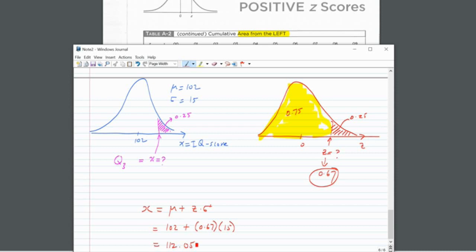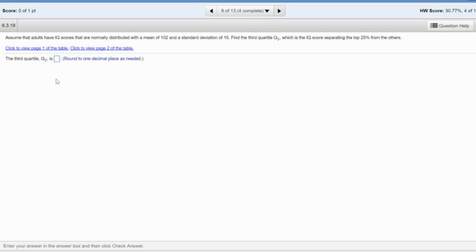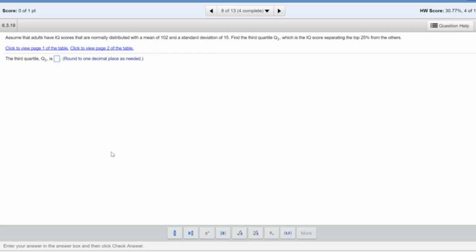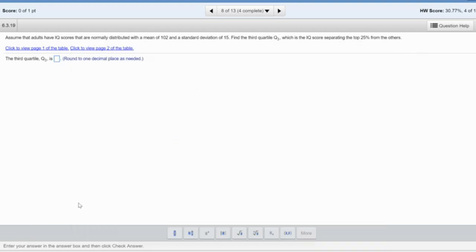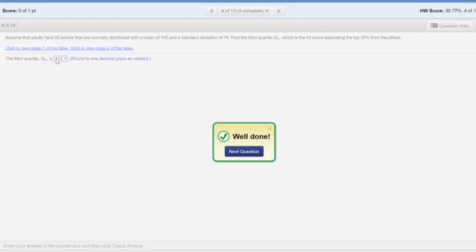Here it says round off to 1 decimal place. So what's the answer? It is 112.1. Yes, good. That's number 8.